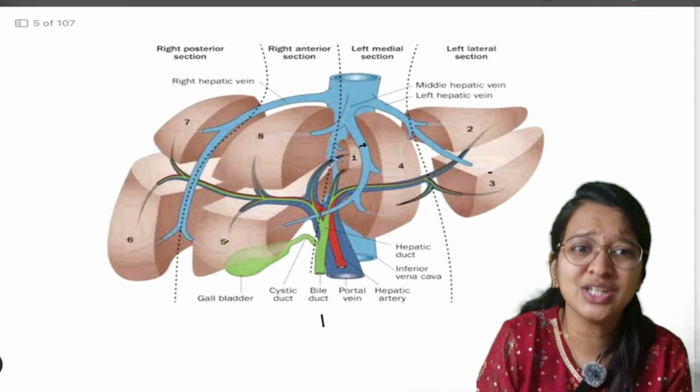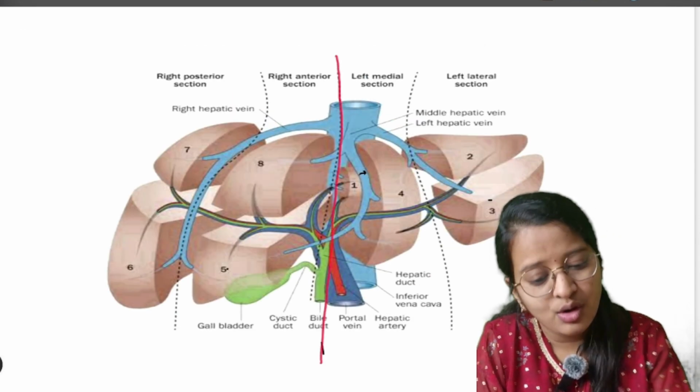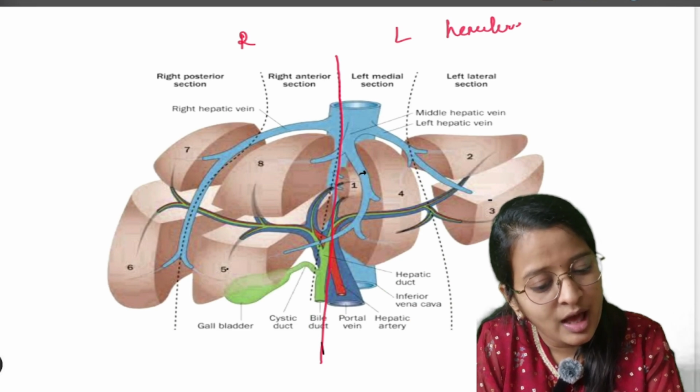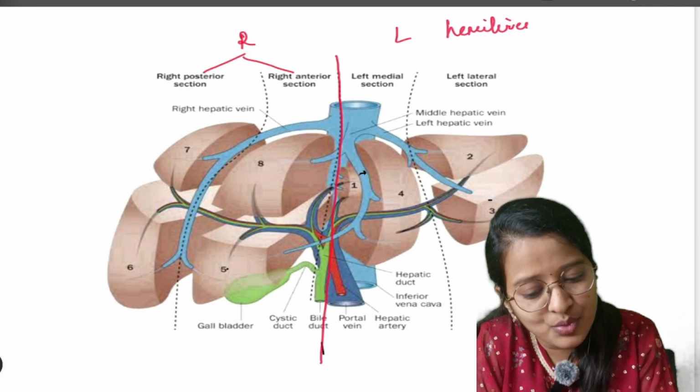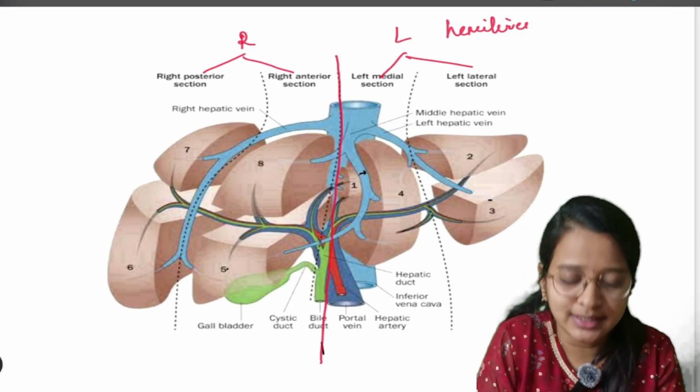So these are the surgical segments of the liver. The liver is divided into right and left hemiliver, and the right into posterior and anterior sections and the left into medial and lateral.